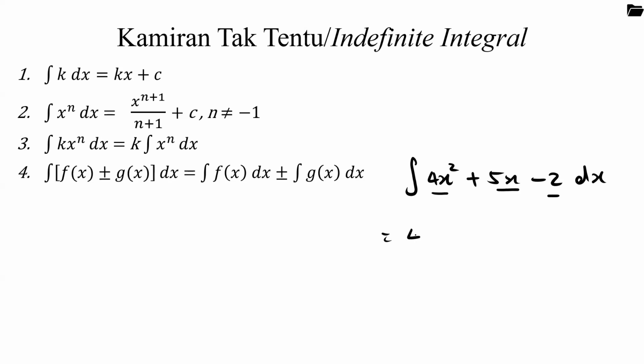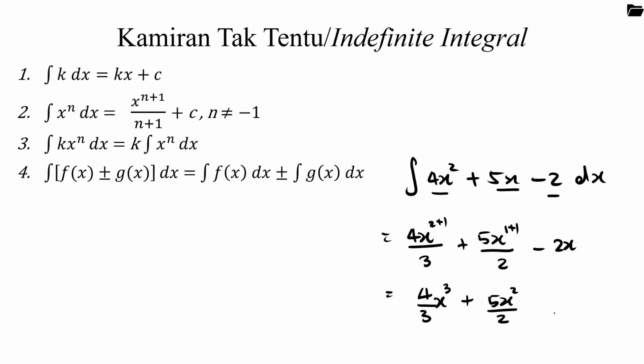Copy exactly the same. Increase the power by 1, divided by the new power. Copy this, 2x. Therefore, can we simplify? Yes. 4 over 3 x cubed plus 5x squared over 2 minus 2x. That's the answer already. Okay?